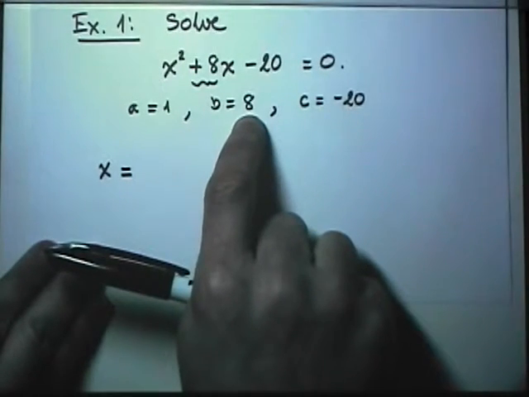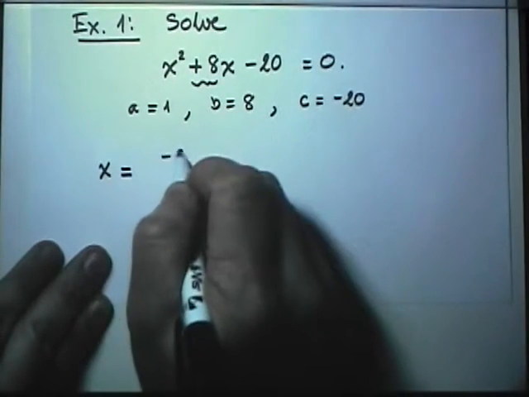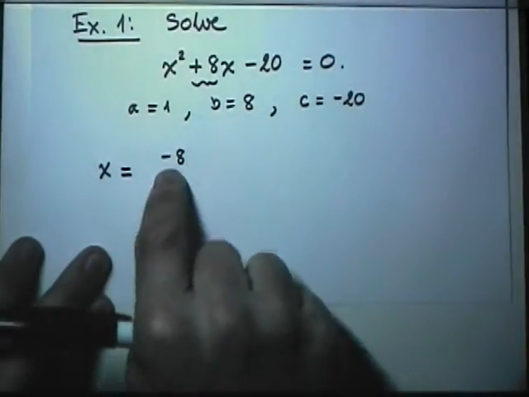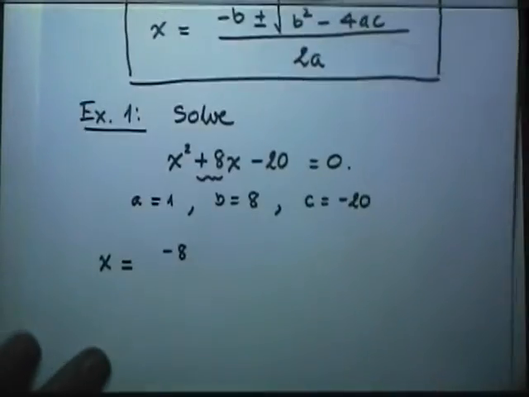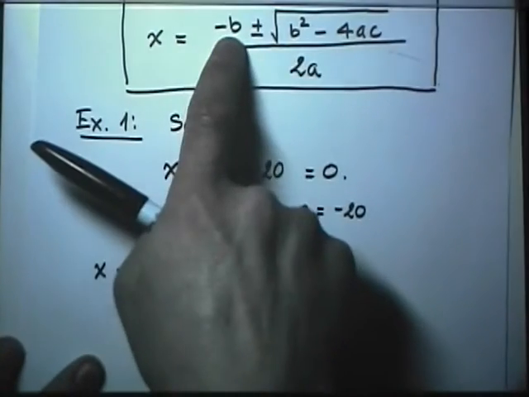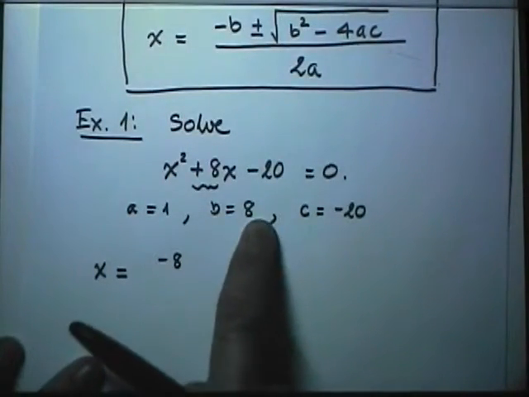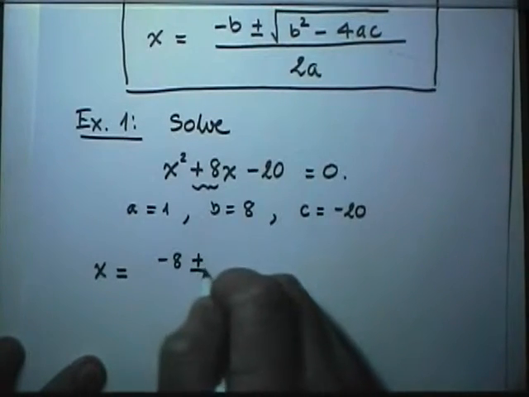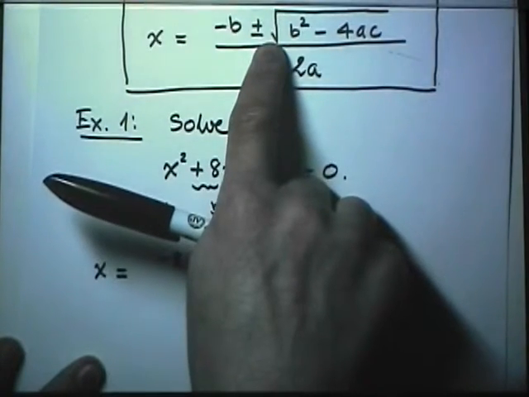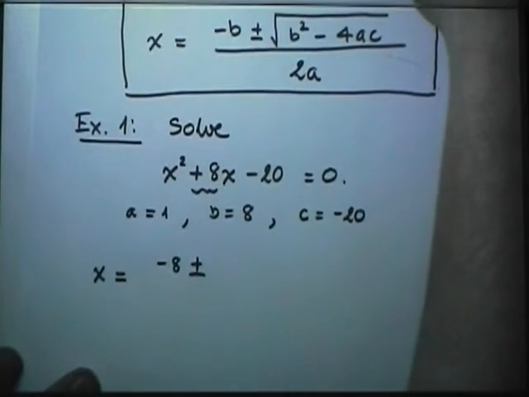Now b is 8, so minus b has to be minus 8, because the formula says we have to do minus b. And then plus or minus. Why plus or minus? That's just the formula.